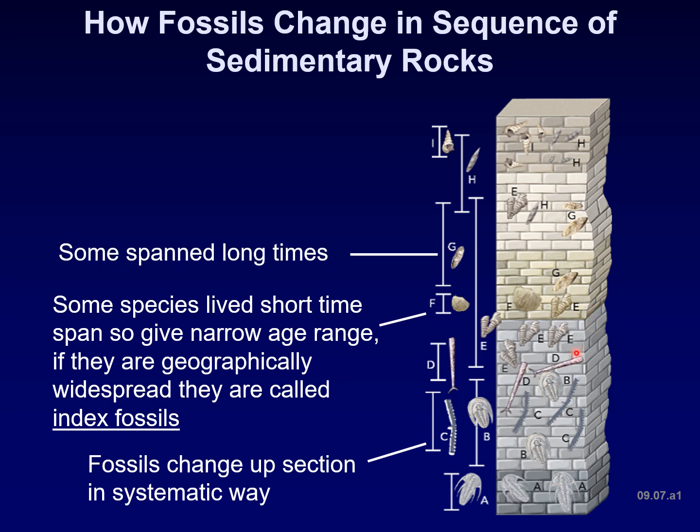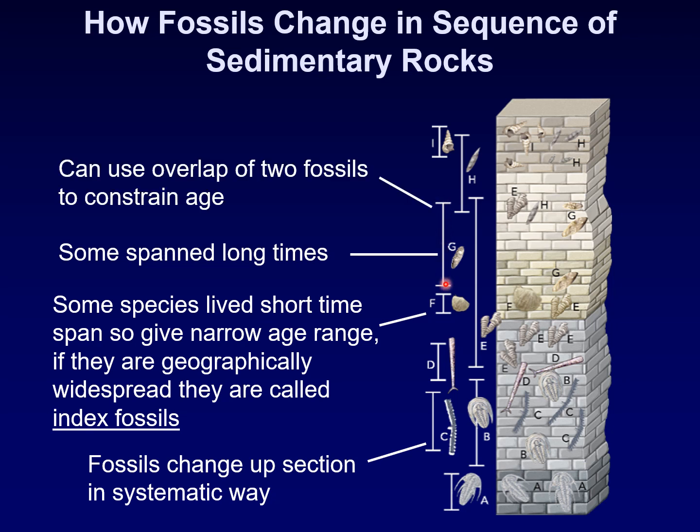Some have spanned long time frames, like G here. Some fossils overlap. So if you have G, it spans a long time, and then you've got H here, there was a time in between the end of G right here and the beginning of H, where there's this little sliver right here. And if we look over in the fossil record, we see G and H existing simultaneously, okay?